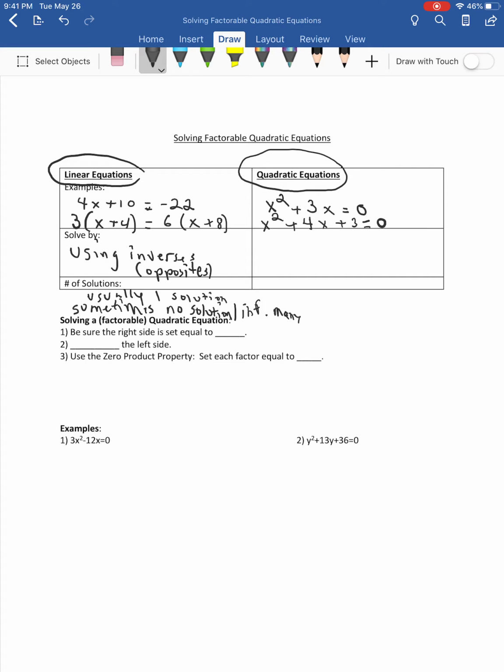Okay, so linear equations, the degree, which remember degree means the highest power of the variable, is 1. For quadratic equations, the degree is 2. Okay, so instead of just having x or y, we're having x squared or y squared.